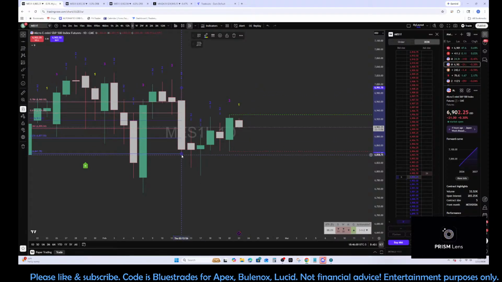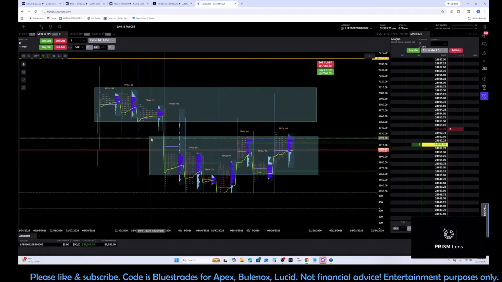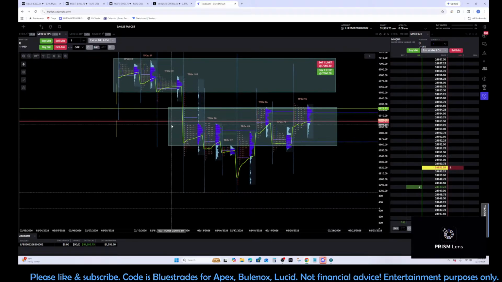So again, the market's gone nowhere. I mean, look at all this liquidity. Again, referencing that TPO chart. Look at this, just from the 11th. All this liquidity in here. All these buyers and sellers, all the orders, all right there.